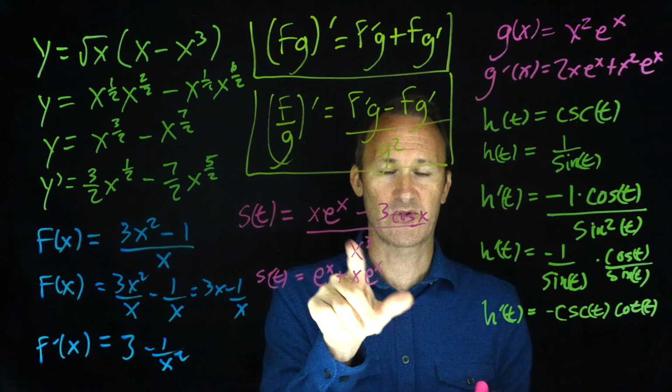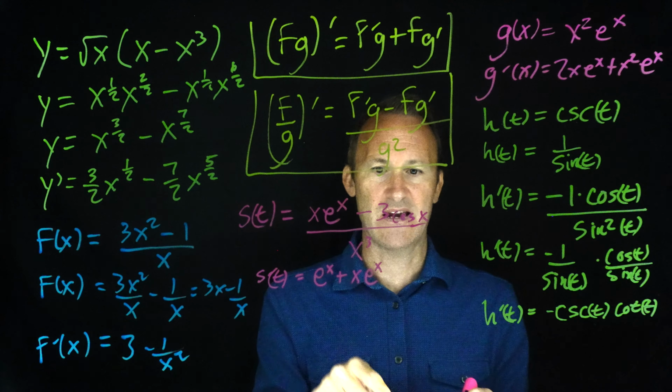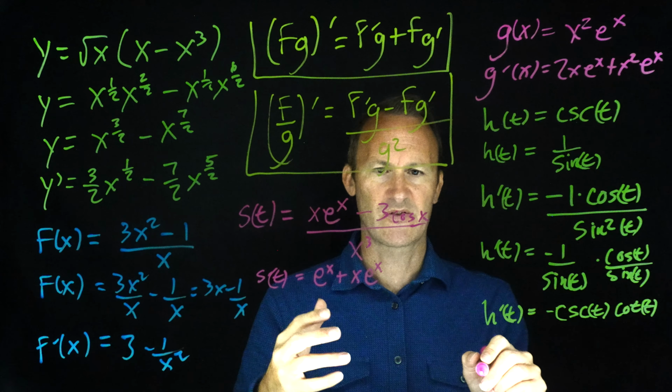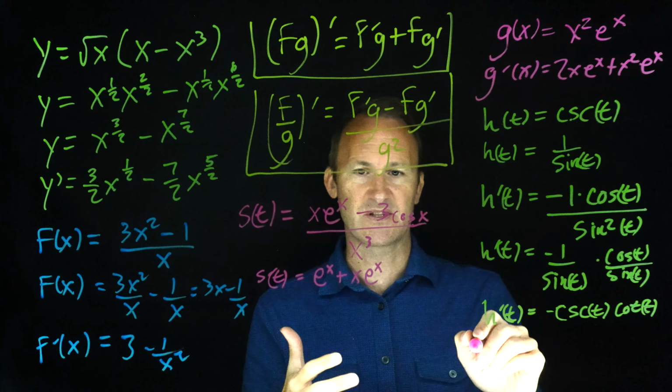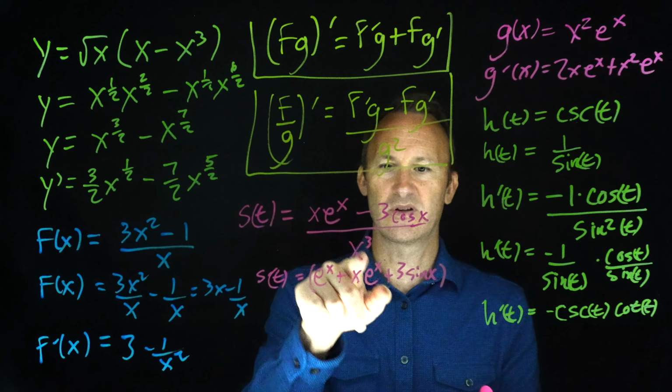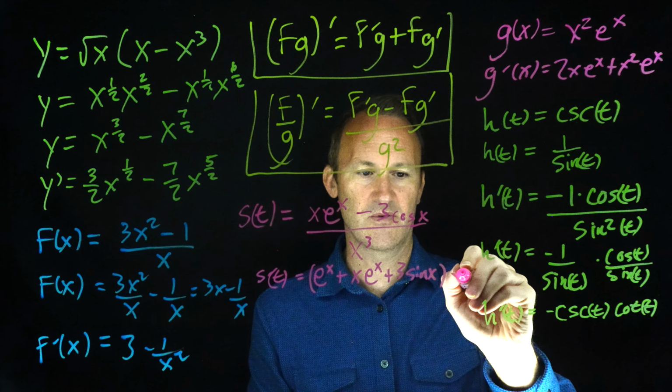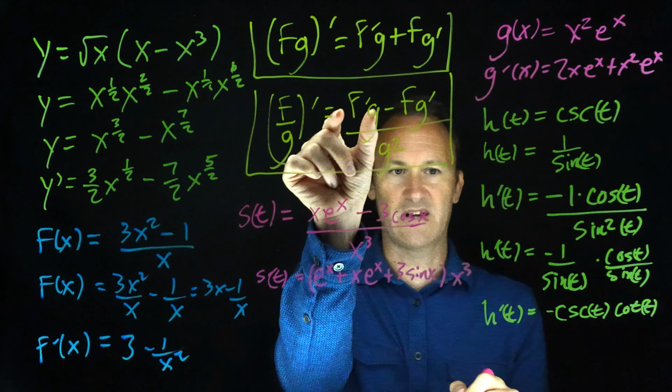Now what about the negative 3 cosine of x? The derivative of cosine is negative sine, and the 3 just comes out, so it's plus 3 sine of x. All of this is just f prime, so this is also times g. G here is the denominator, which is x cubed. So that's f prime times g.